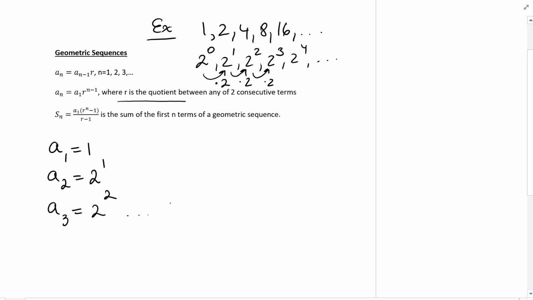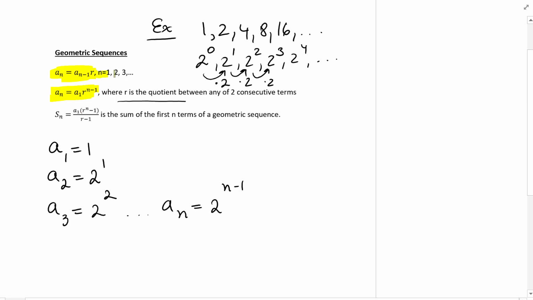In our case, a sub n is 2 to the n minus 1. In general, a sub n is the previous term times the ratio, or the nth term is the first term times r to the n minus 1.